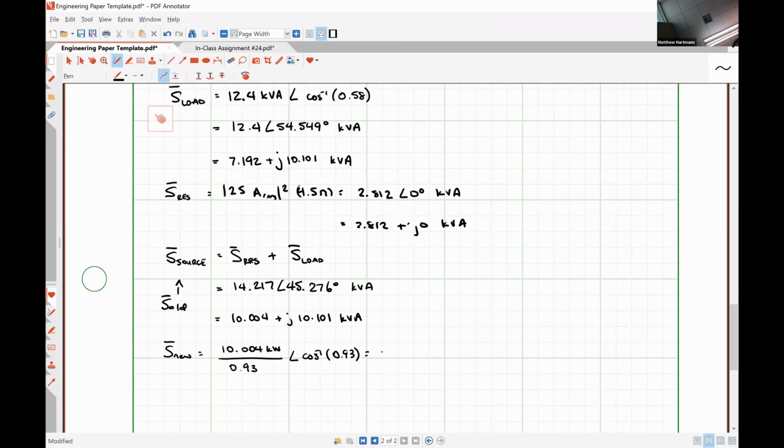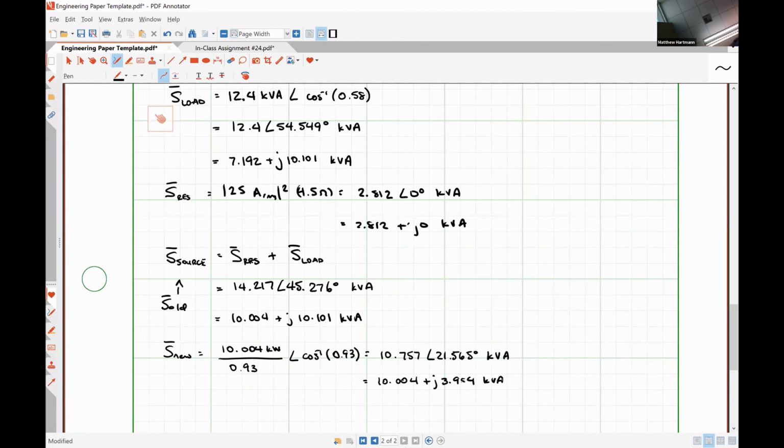Which I get to be 10.757 angle 21.565 kVA, or in rectangular form, 10.004 plus j3.954 kVA.